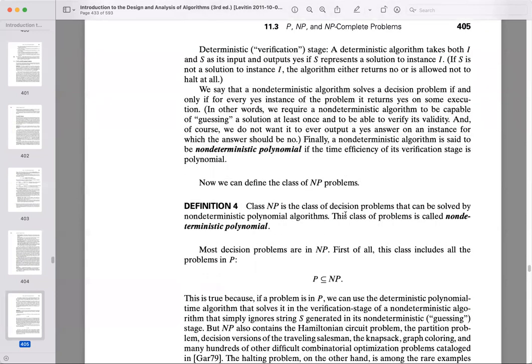So that gets us to this class NP, the class of decision problems that can be solved by non-deterministic polynomial algorithms. Most decision problems are in NP, and we say this because P is a subset of NP.